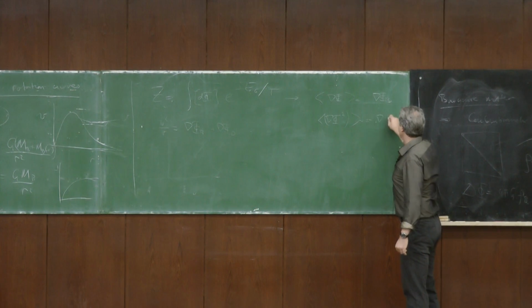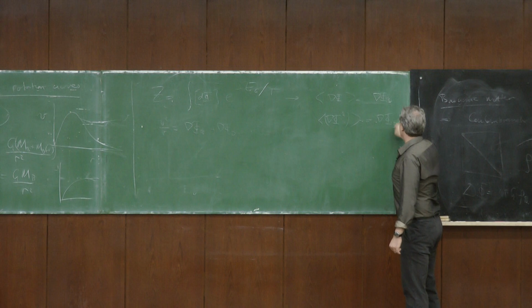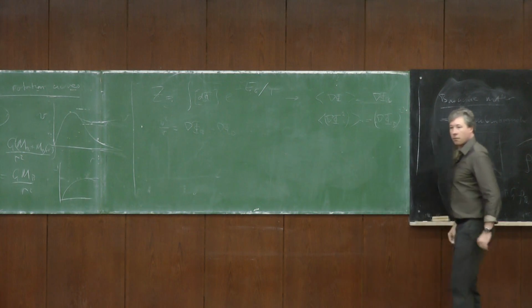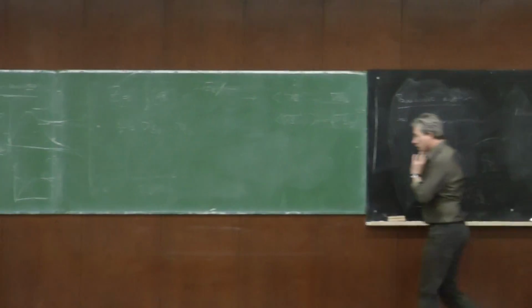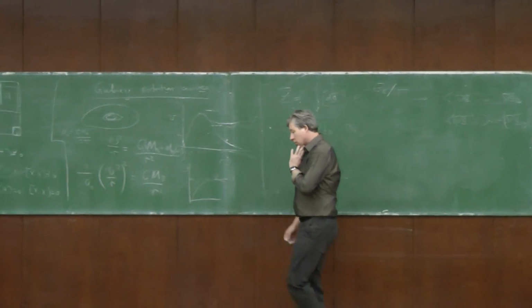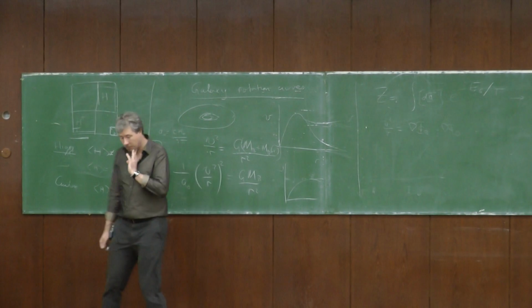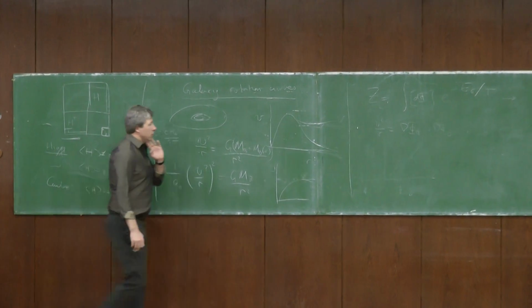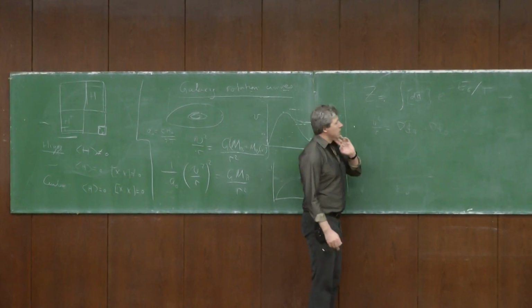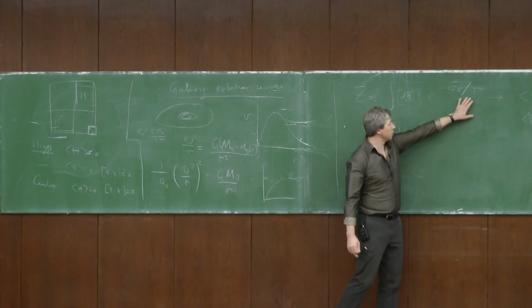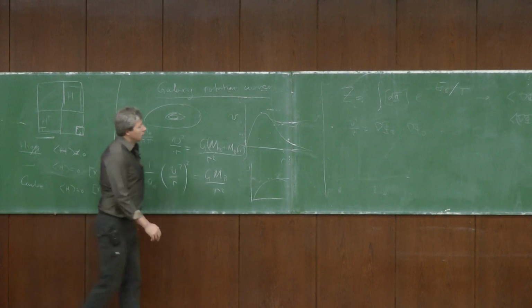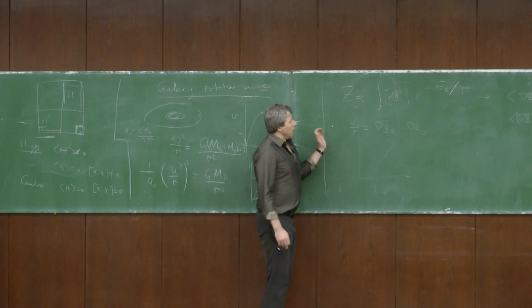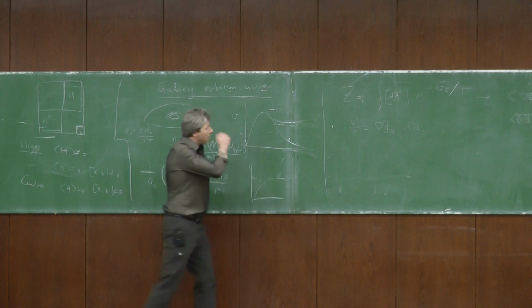I'm claiming this is going to be equal to that. So the dark matter can be interpreted as due to the finite temperature of de Sitter space, but actually describing the Higgs branch. And let me do this calculation.